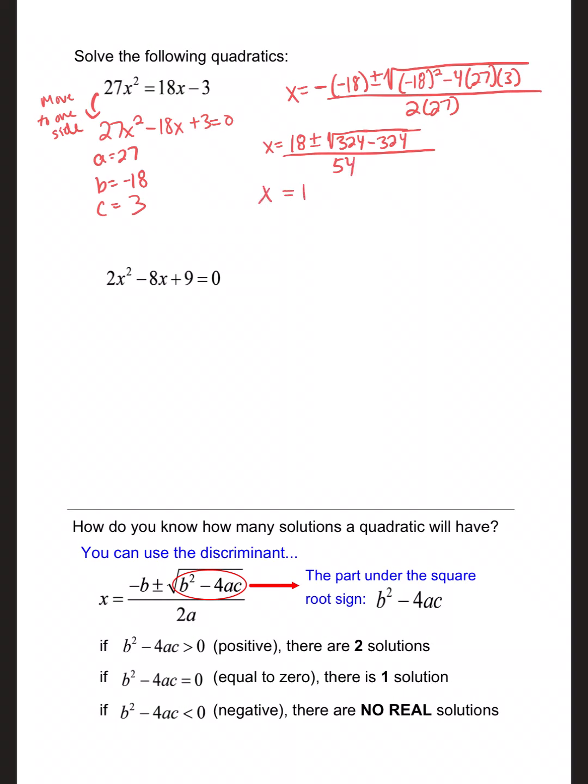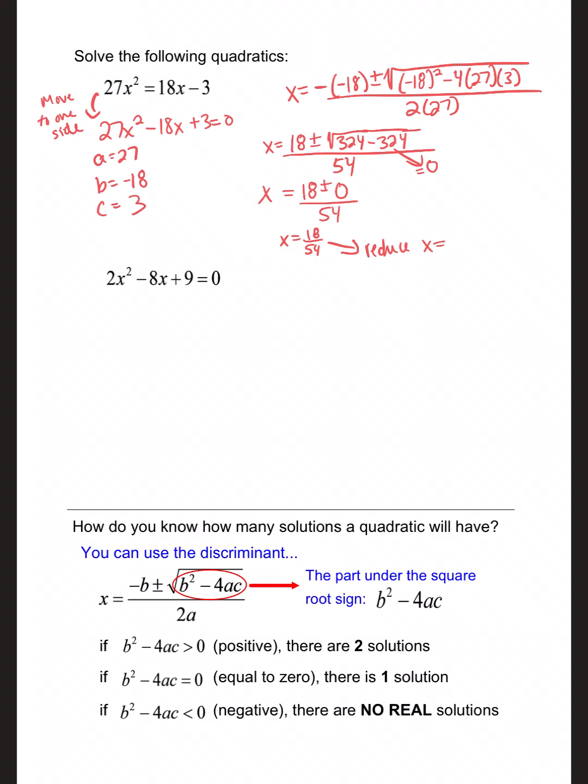So we'll have x equals 18 plus or minus, well, 324 minus 324 is going to equal 0. So you're going to have 18 plus or minus 0 here over 54. So usually we would split this into two equations, but if we plus or minus 0, it's both going to be 18 over 54 because it doesn't mean anything. So we'll make sure that we reduce.